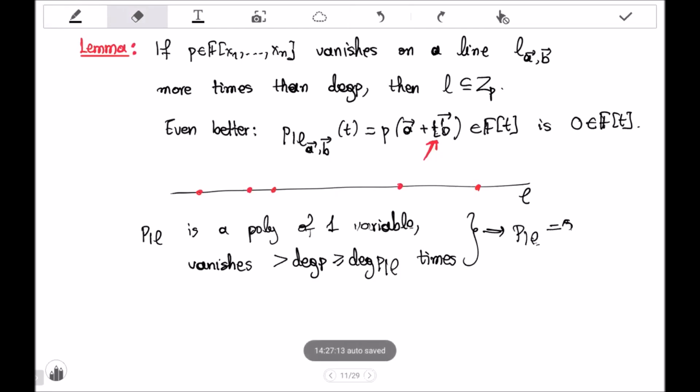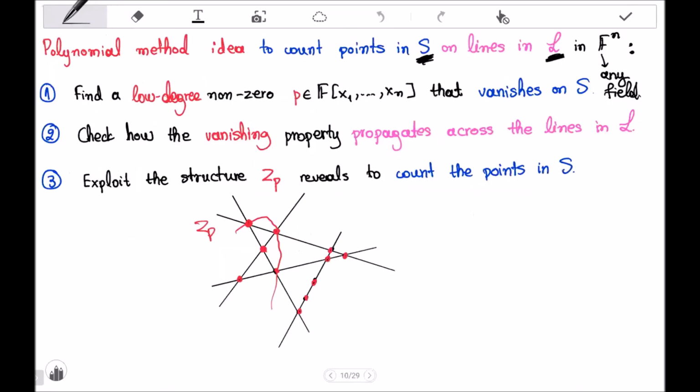Sorry for the delay. So we have a polynomial of one variable vanishing more times than its degree, so it must be the zero polynomial. And that is stronger in finite fields: it means that all of its coefficients are zero. Let's go back and see what this vanishing property means in the picture. It means that we have a dichotomy. For every line in our family, the polynomial is vanishing on our points, remember, that's how we chose the polynomial.